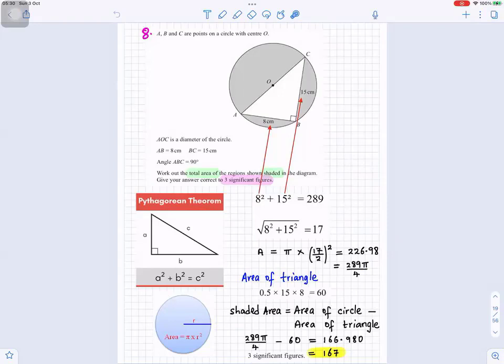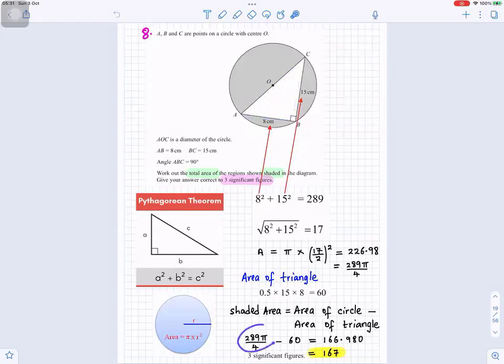Area of triangle is half base times height. Half is 0.5. The base is 15 and the height is 8. That gives you 60. So the shaded area is area of the circle minus area of the triangle.